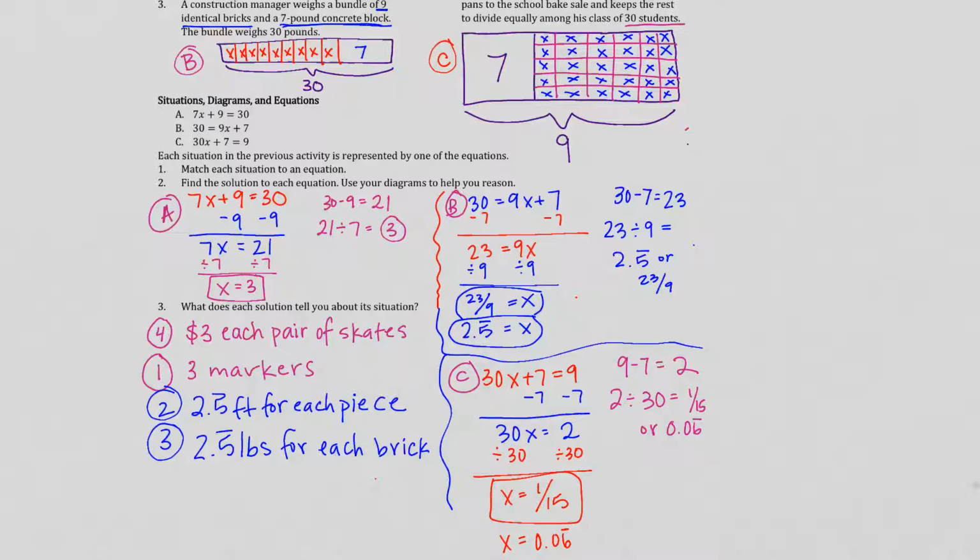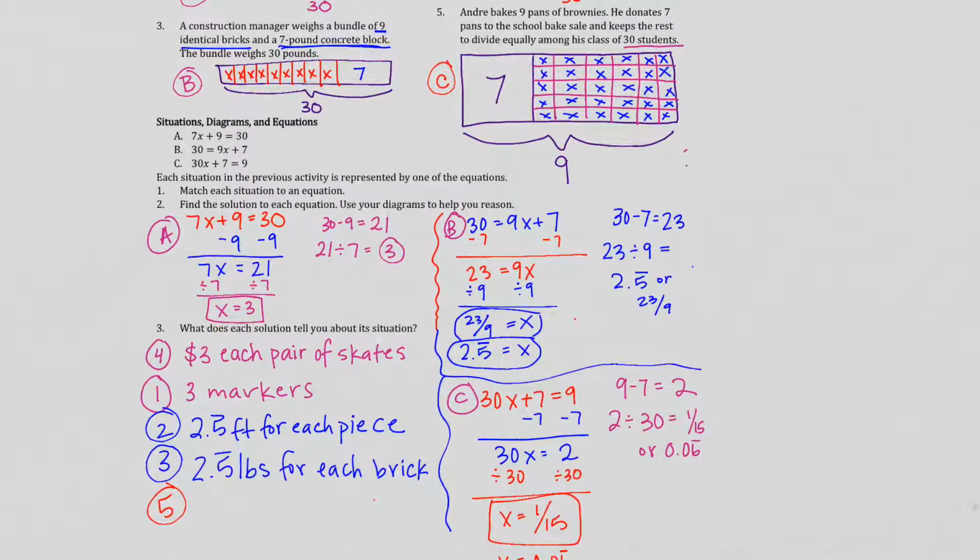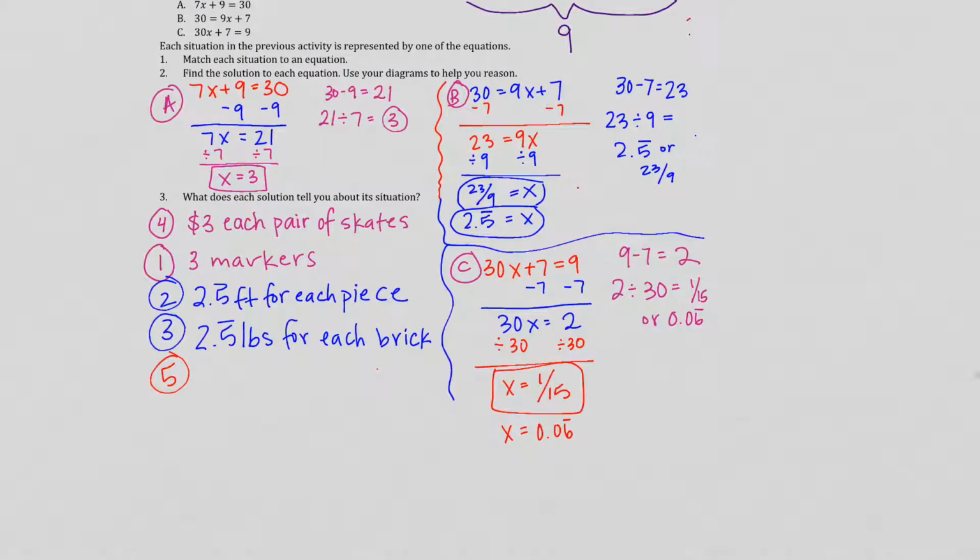Okay, and then last but not least, for C, which was number 5, the unknown was the part that he's dividing equally among the 30 kids. So each kid is getting 1/15 of a pan of brownies, or 0.06 repeated of a pan.